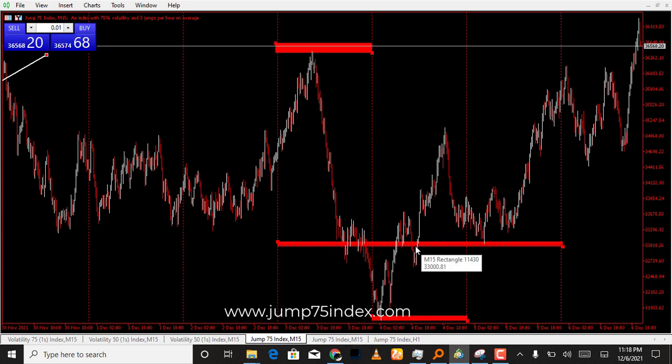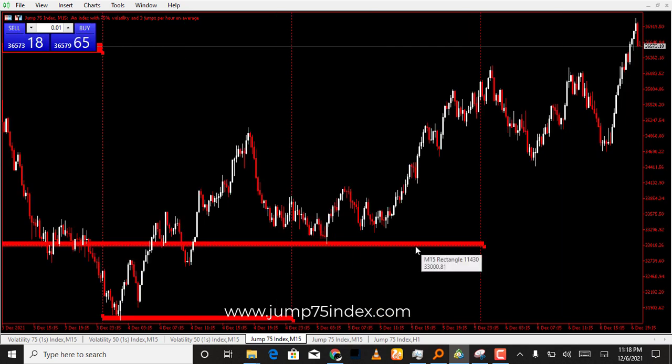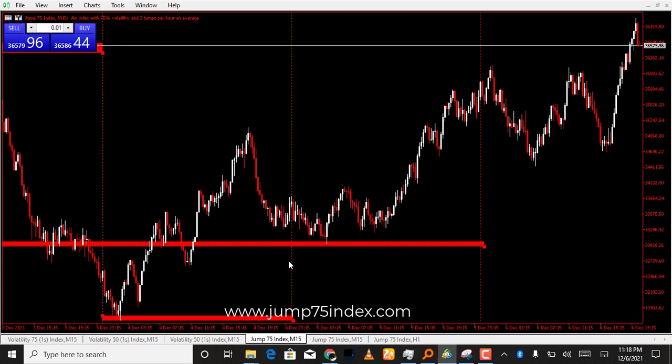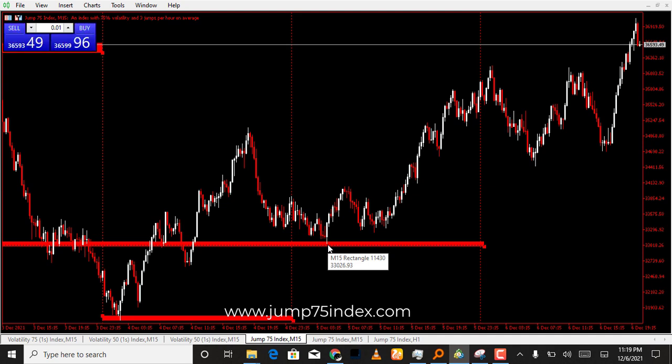Let me zoom out. In here, from our daily low of 5th December 2021, I extended this daily low into the previous period of a week.